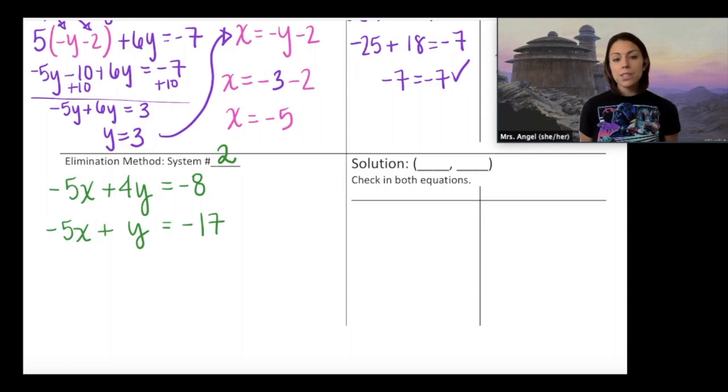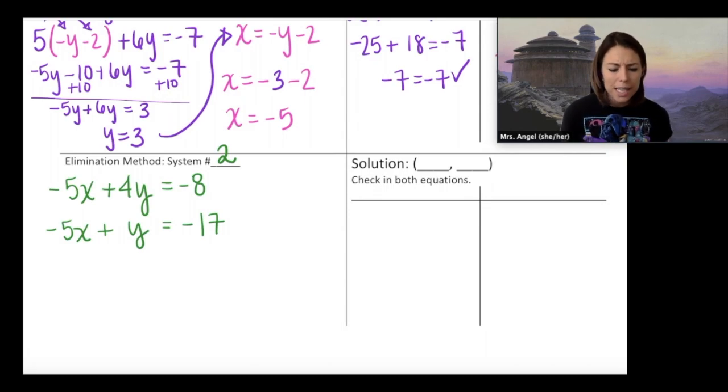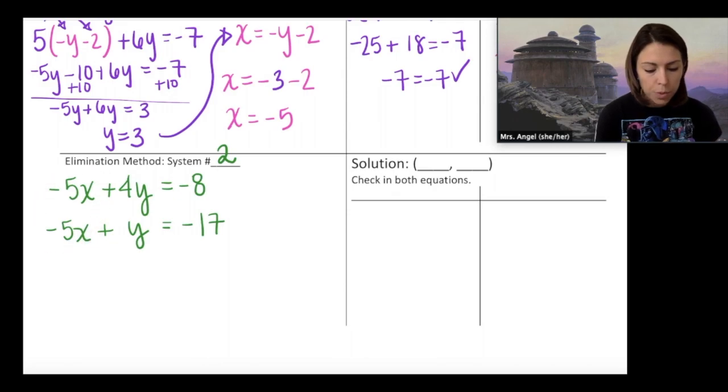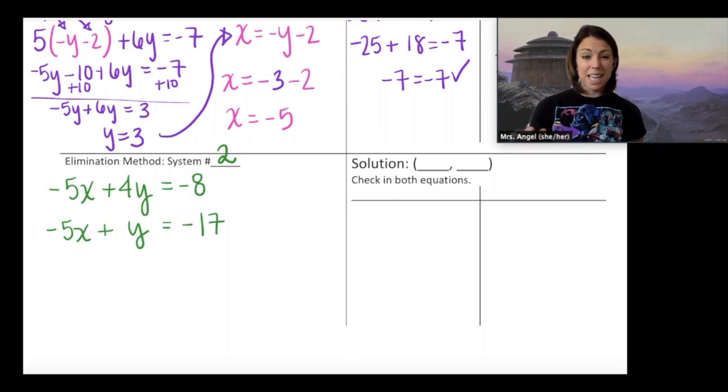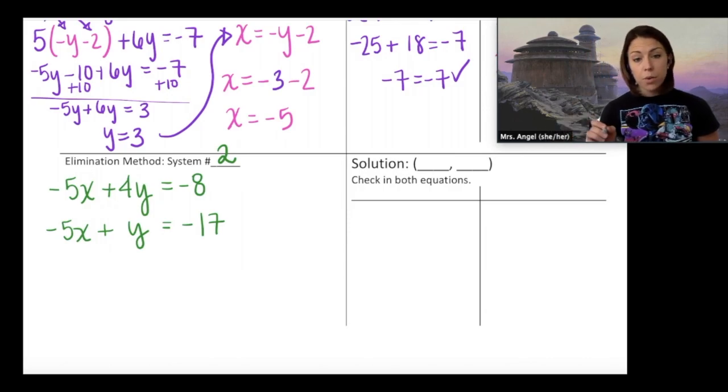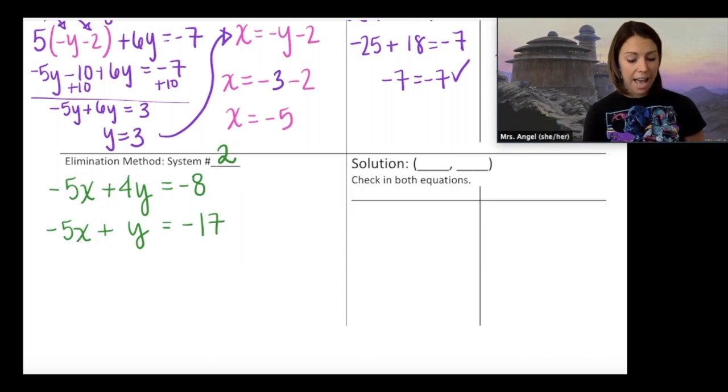So go ahead and solve this system now. Okay, let's solve it together. So the first thing I notice is that we have equal terms here. And equal terms usually means we would subtract, but we make a lot of mistakes when we subtract. So I'm actually going to multiply the bottom equation by -1 so I can add.